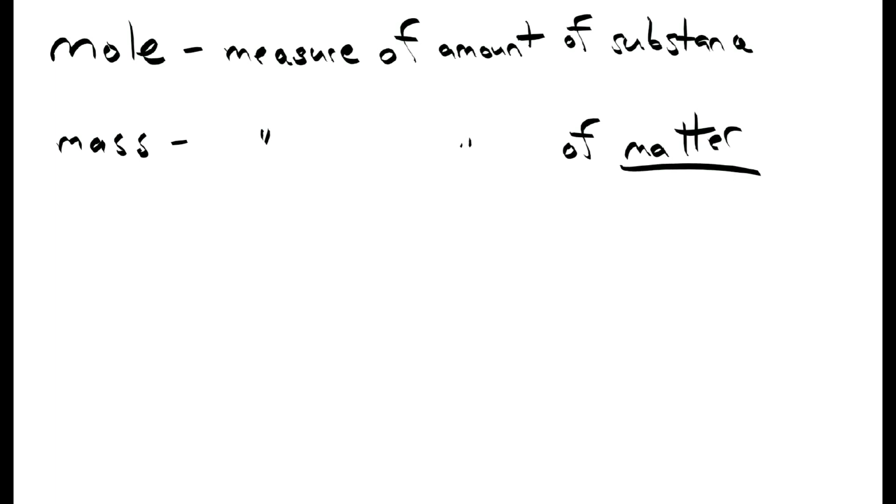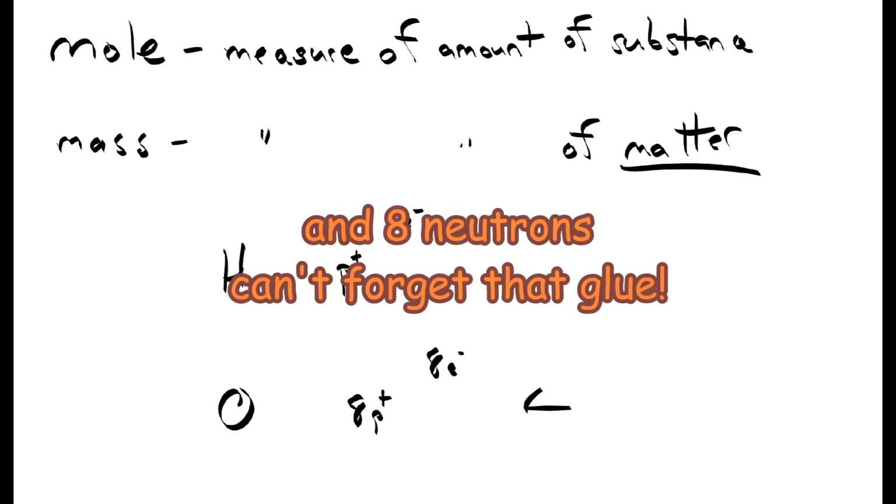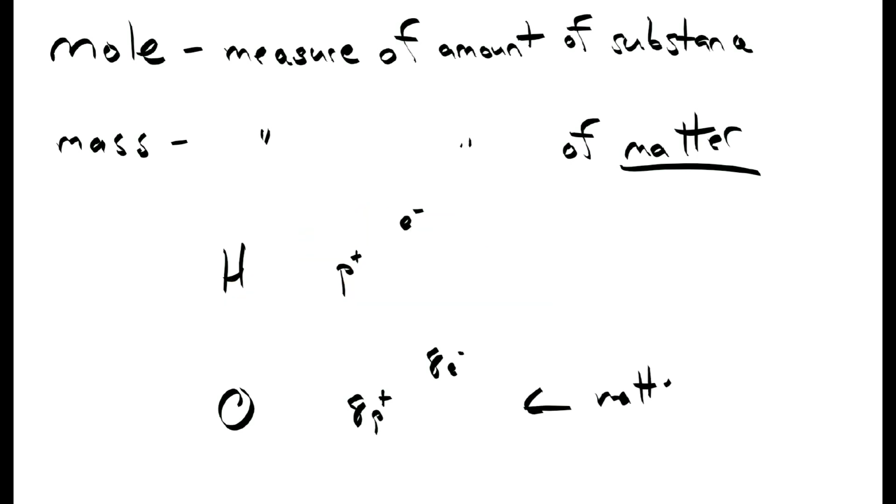And that's a pretty significant difference, because 1 atom of hydrogen is 1 proton and 1 electron. 1 atom of oxygen is 8 protons and 8 electrons. So this is going to have a lot more matter, a lot more mass, more matter, more mass, but same amount of substance. Only 1 atom.